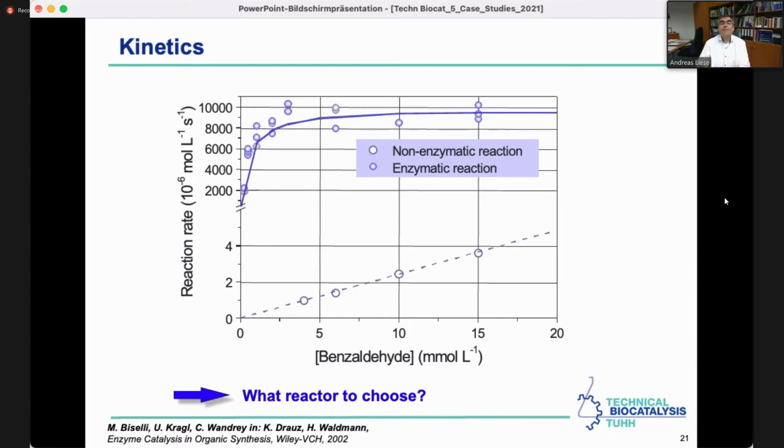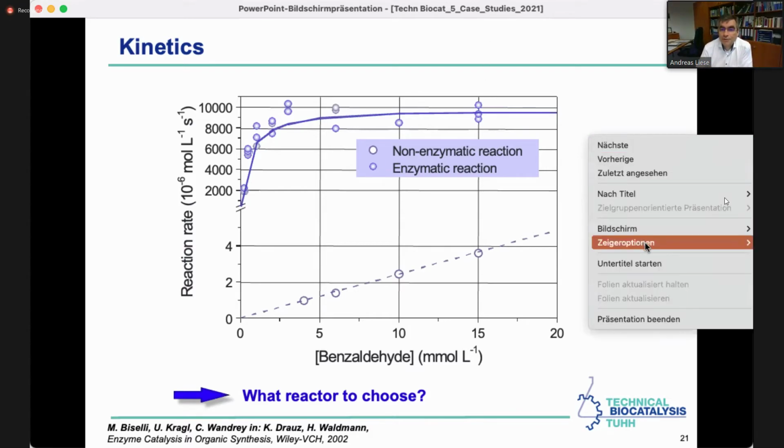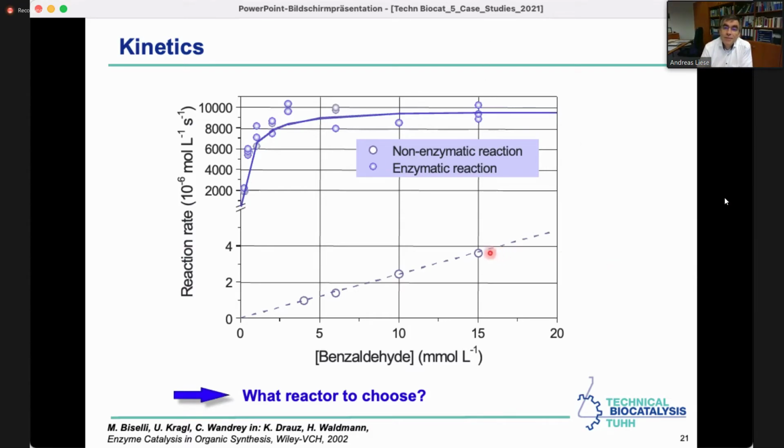Yeah, okay. So it's right what you're saying. In the end, the selectivity and the enantiomeric excess, the EE, is determined by the ratio of these two rates, the non-enzyme catalyzed racemic reaction and the enzyme catalyzed reaction up here. And so the difference makes up the non-selectivity of the final product.